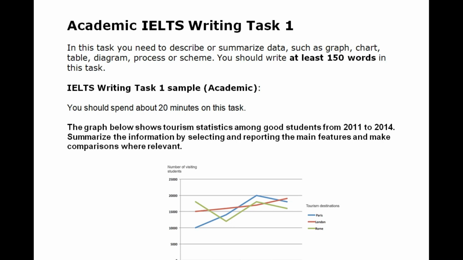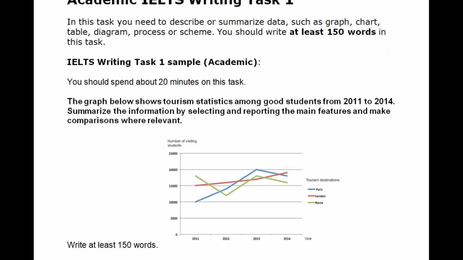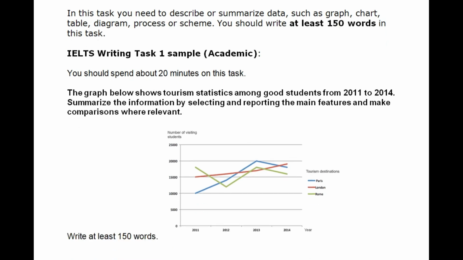The graph below shows tourism statistics among visiting students from 2011 to 2014. Summarize the information by selecting and reporting the main features and make comparisons where relevant. You can see the graph, number of visiting students: 25,000, 20,000, 15,000, 10,000, 5,000.